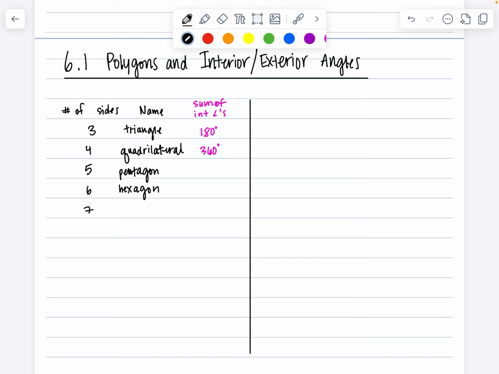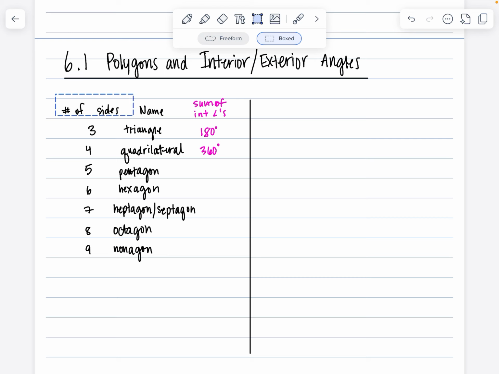A seven-sided shape has two names, and I'll accept both of them if we ever come across it: heptagon or septagon. An eight-sided shape, you should know, octagon. And a nine-sided shape, a little bit unfamiliar, is called a nonagon. Non for nine.